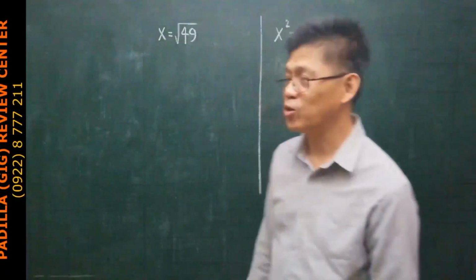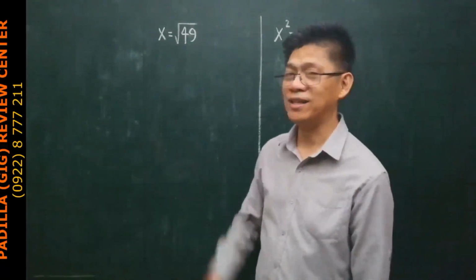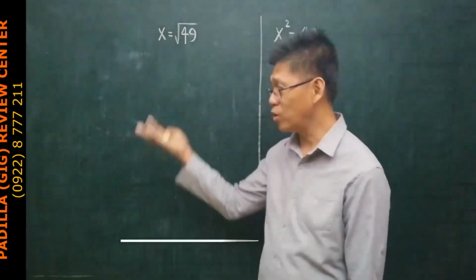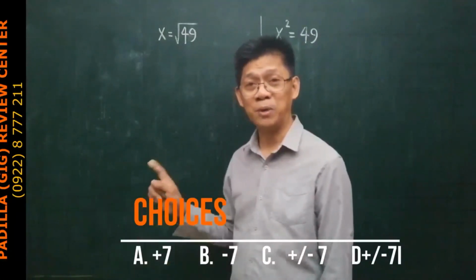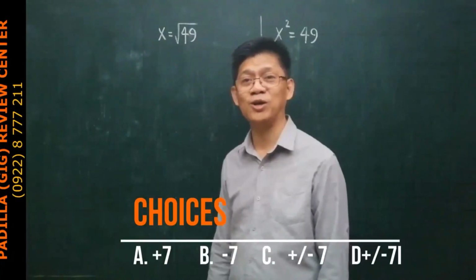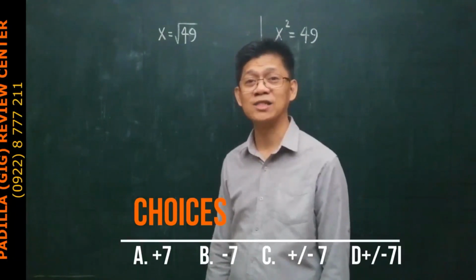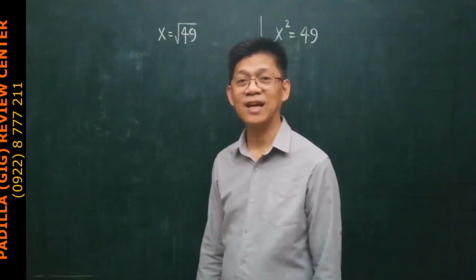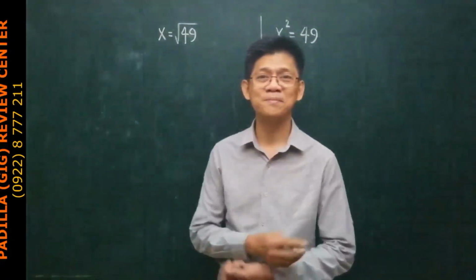And in the 1992 board exam, we are given find x in the equation x squared is 49. The choices are the same. A plus 7, B minus 7, C plus and minus 7, and D plus minus 7i. The question is, are the two equations the same?